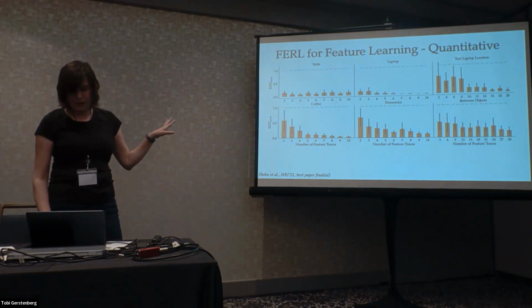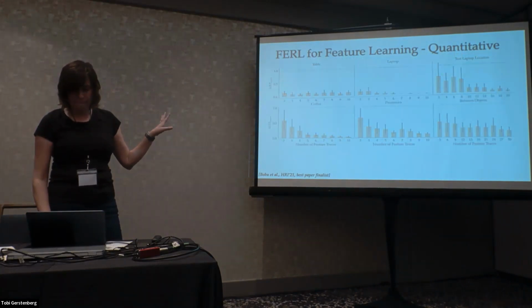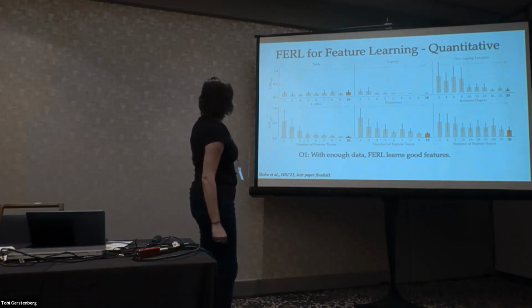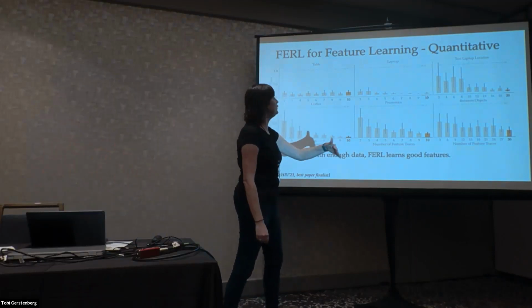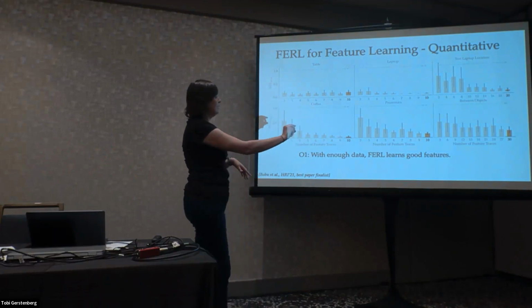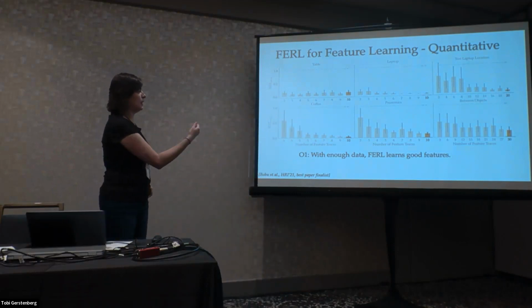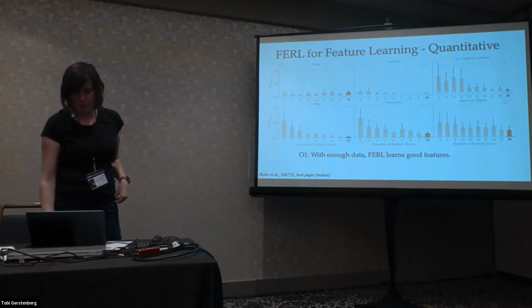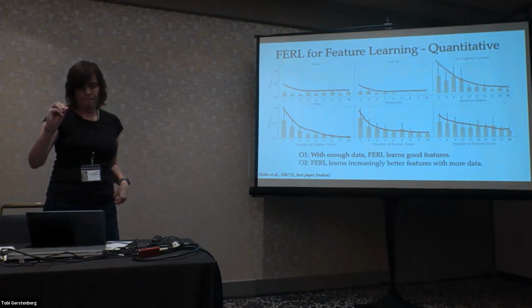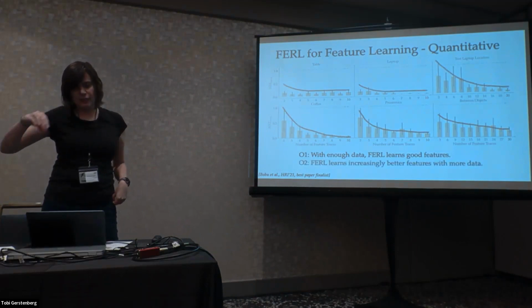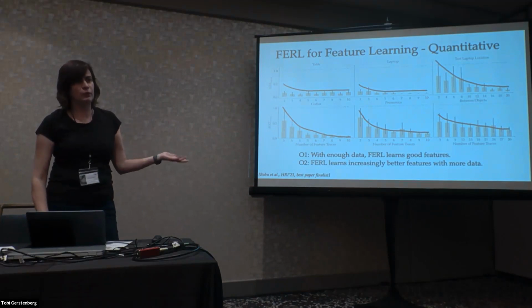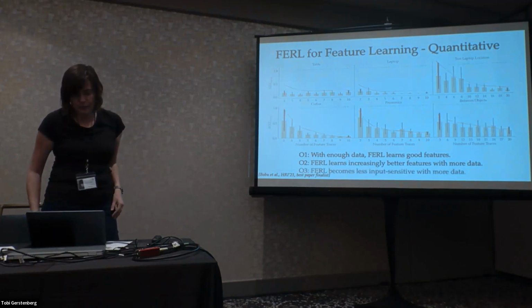From just Andrea's data, a few takeaways. This is for different features, and at the end, with enough feature traces, you get something that has low error with respect to the ground truth you're trying to teach. The good news is that as you add more feature traces, you learn better. That's not surprising, but it's a good sanity check.